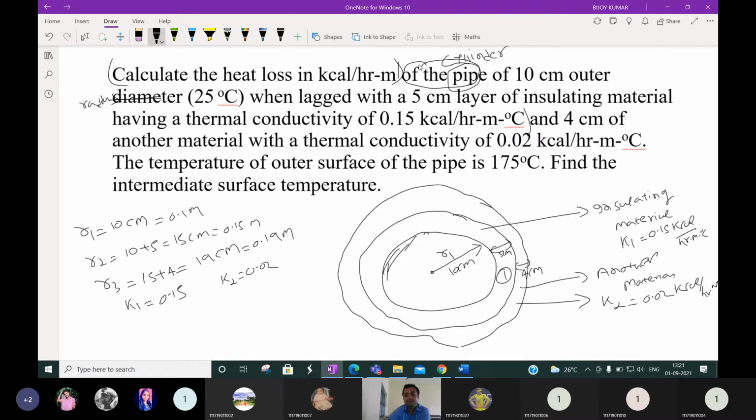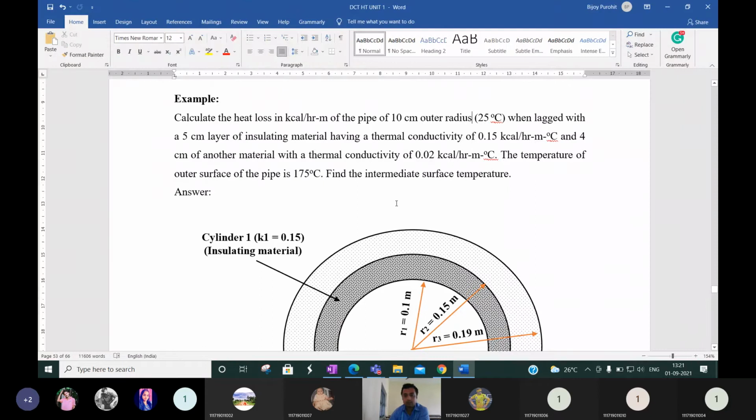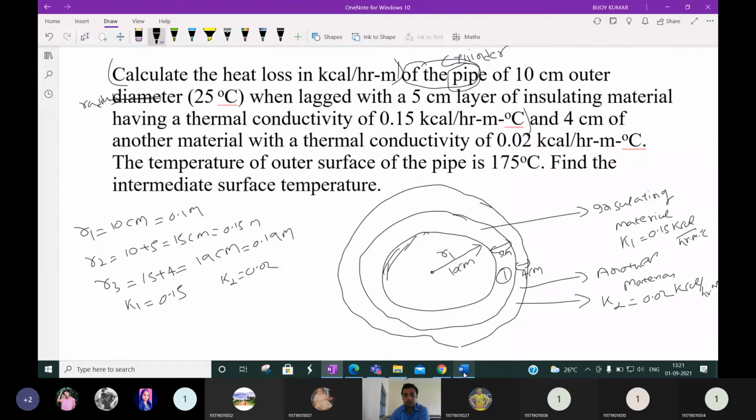Means the pipe is there, initially 10 centimeter. But now the pipe is layered with 2 more insulation layers. So the outer surface of the pipe will be now this one. This temperature is given as 175 degrees.